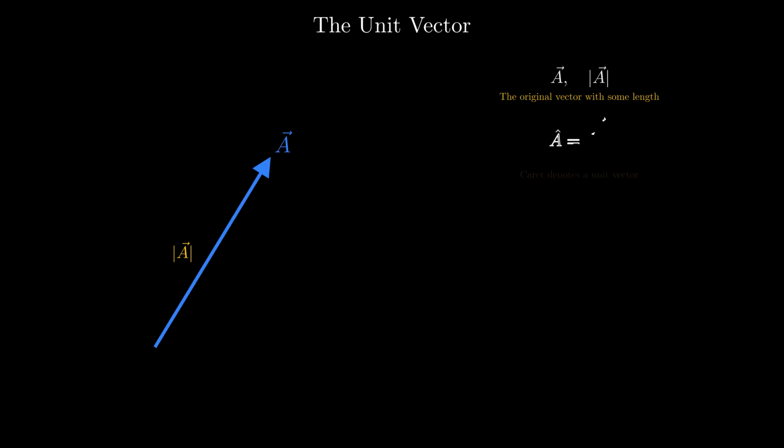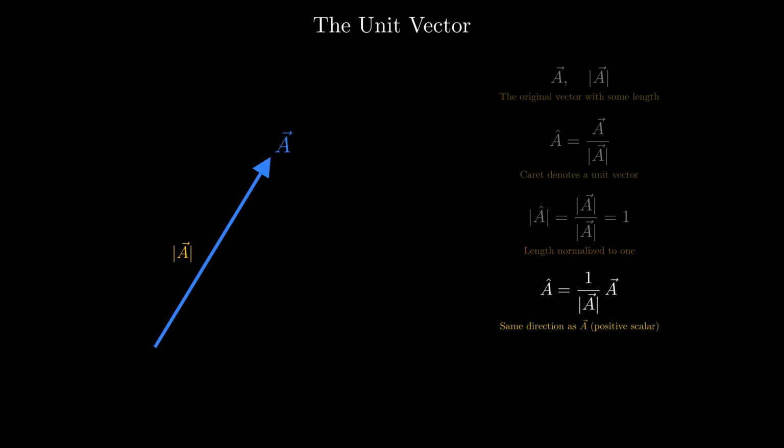Scalar multiplication gives us a useful construction, the unit vector. Take vector A and divide it by its own magnitude. The result, written as A with a little caret on top and read as A hat, equals A over the magnitude of A. What is its magnitude? It's the magnitude of A divided by the magnitude of A, which is exactly 1.